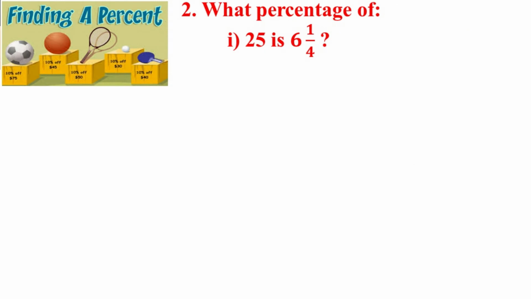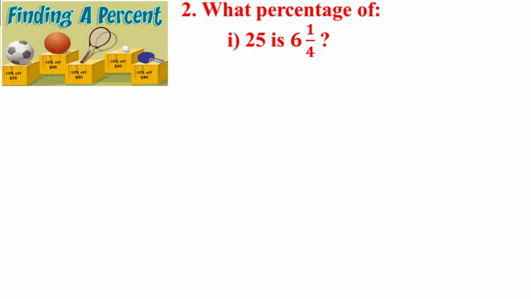What percentage of 25 is 6 1 by 4? This is same as the previous sum, which can be done by another method also. Let us find using the another method. Now, what we have to find here? Percentage of 25 is 6 1 by 4. Okay.